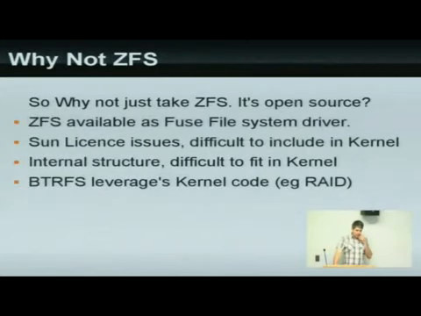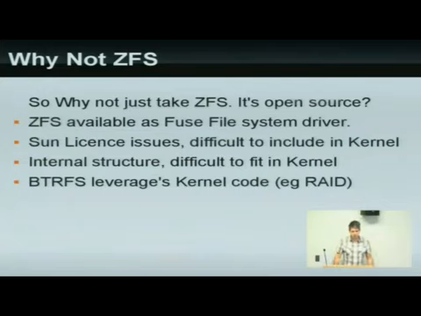So why did they not just take ZFS? Well, part of the reason is that, first of all, you can get ZFS as a FUSE, which is like a user-based file system, so you can mount ZFS file systems, but on a per-user basis. But the main reason they didn't really take it on straight out was the licensing issues.